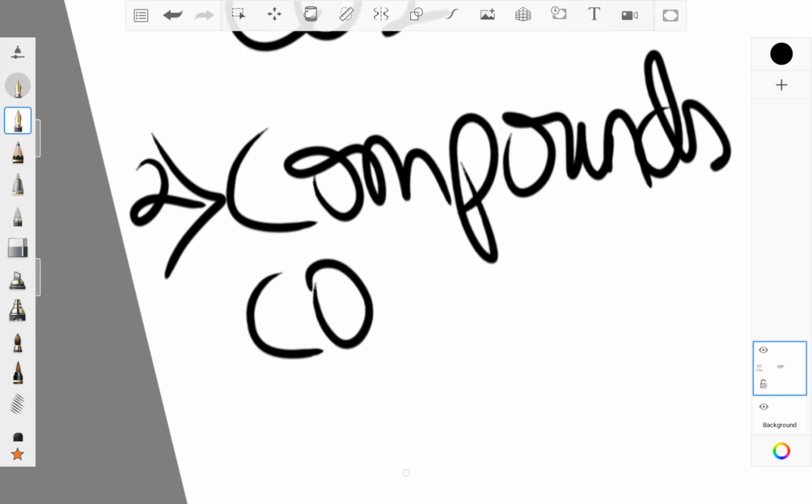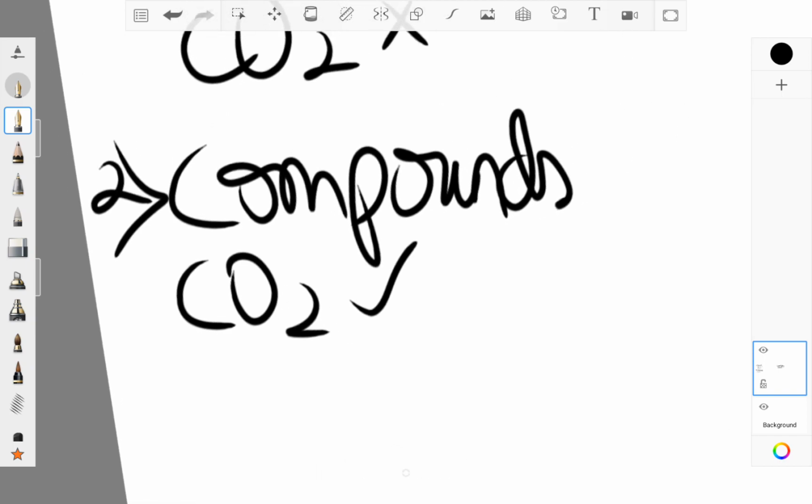So CO2, our previous example, is a compound because you have a carbon atom bonded to two oxygen atoms, and carbon and oxygen are different elements. Similarly, lithium oxide is also a compound.